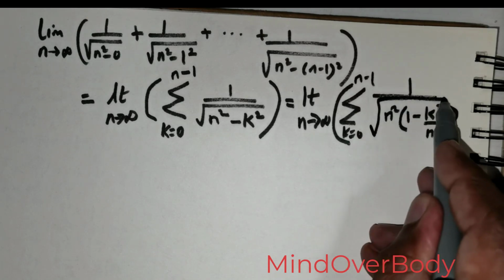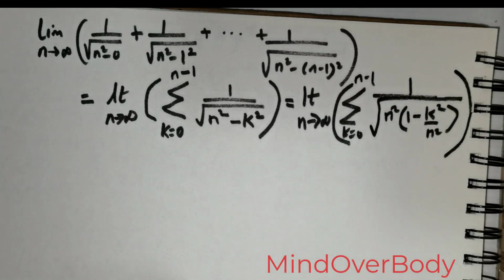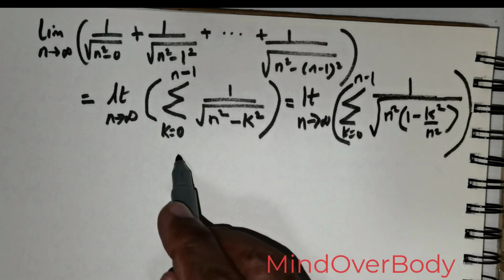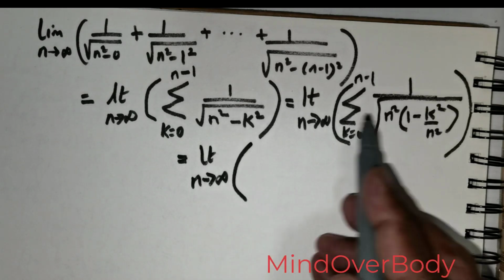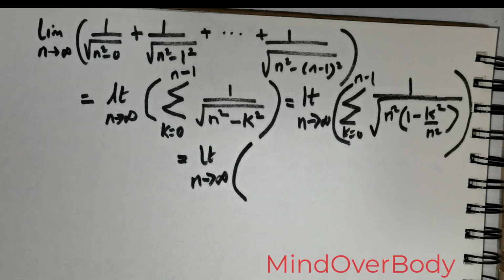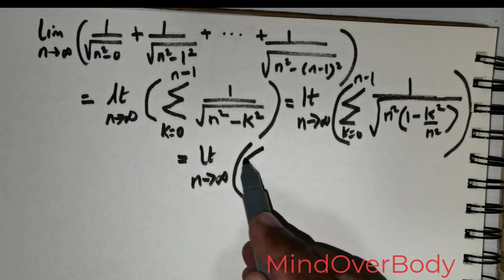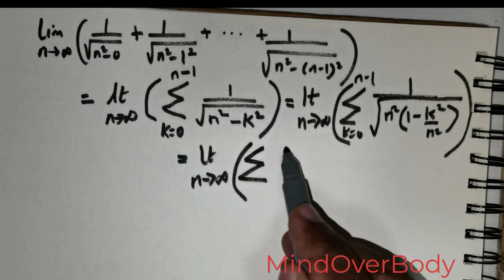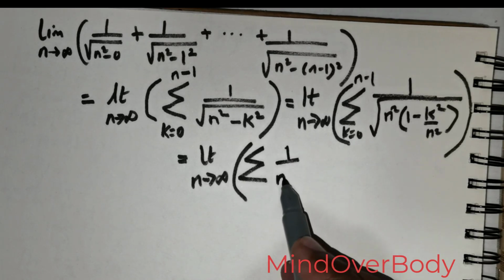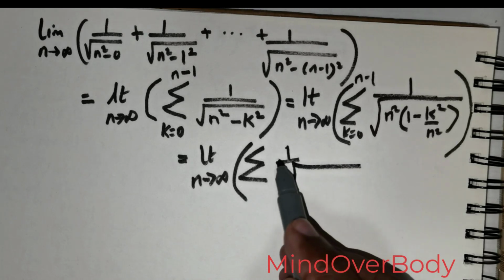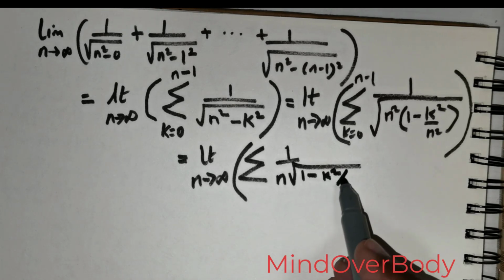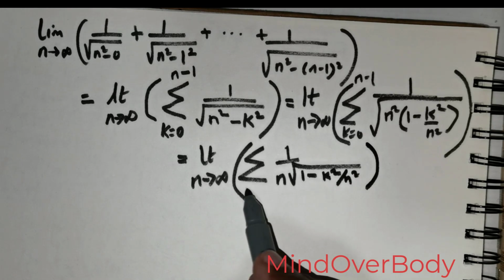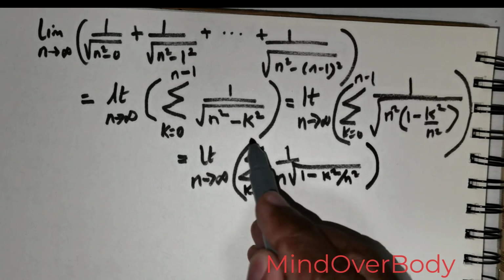The moment n squared comes out of the radical sign, it loses its square, so I rewrite this as sigma of 1 over n times the square root of 1 minus k squared over n squared, where k varies from 0 to n minus 1.